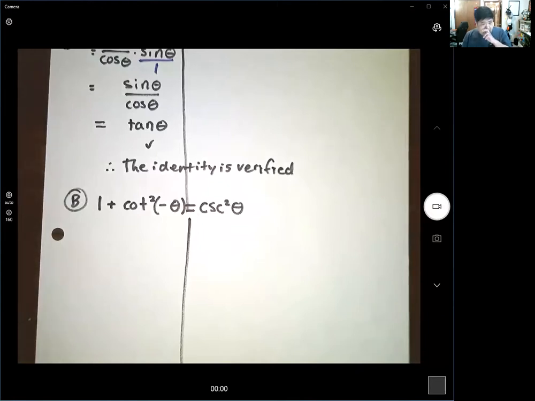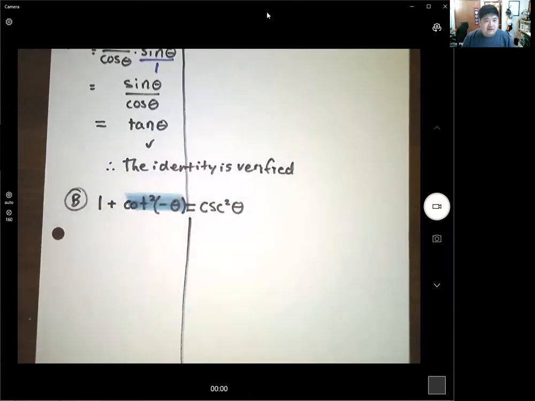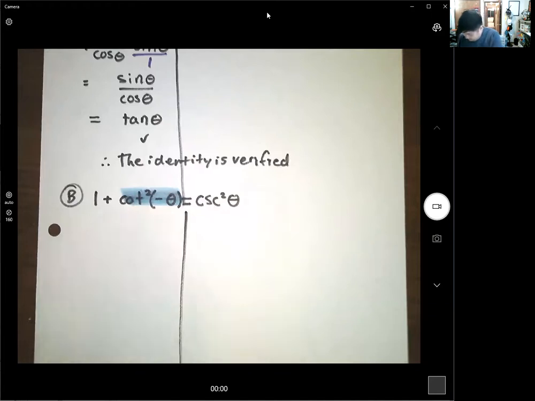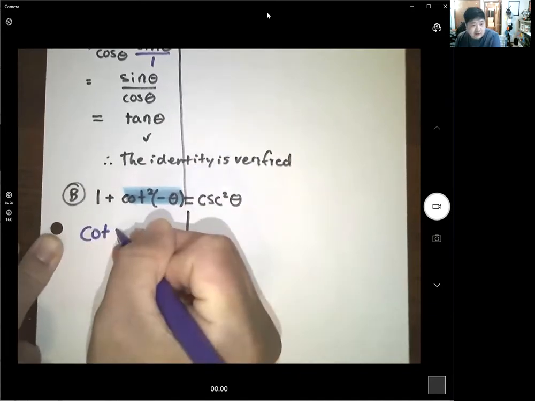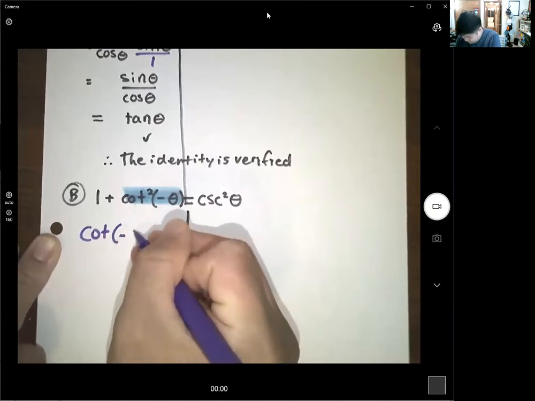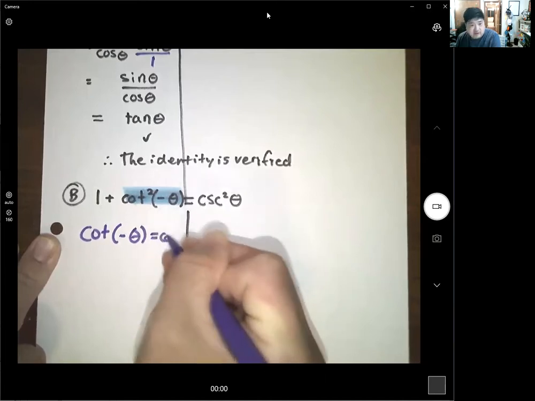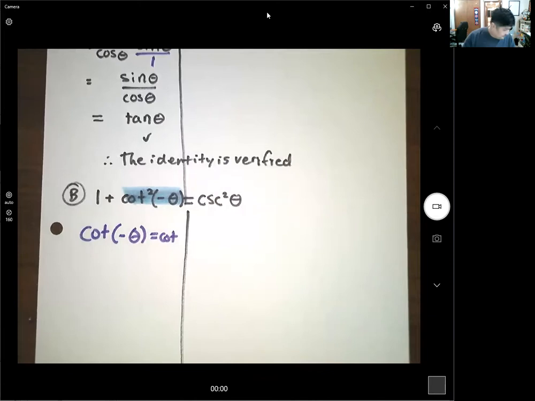One of the things you should remember here is that cotangent of theta is an odd function. What does that mean? It means that cotangent of the opposite of theta will equal cotangent of theta times negative 1, so negative cotangent of theta.